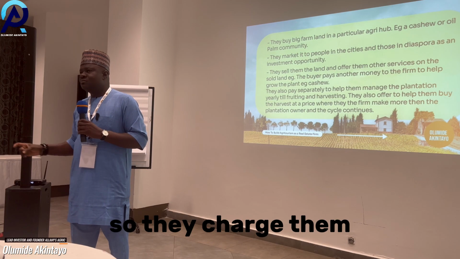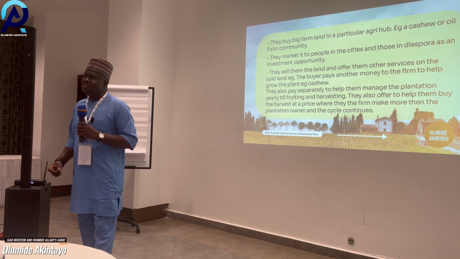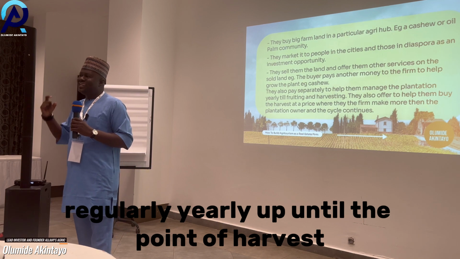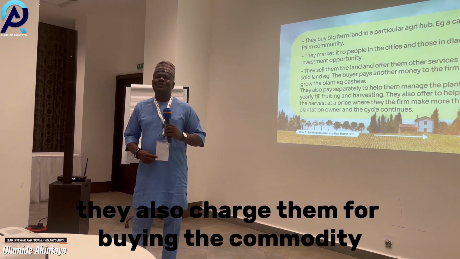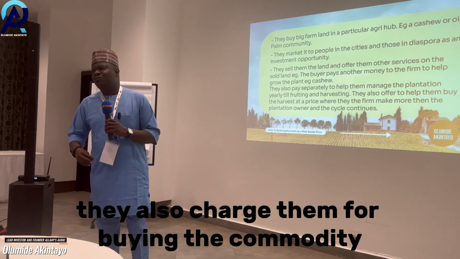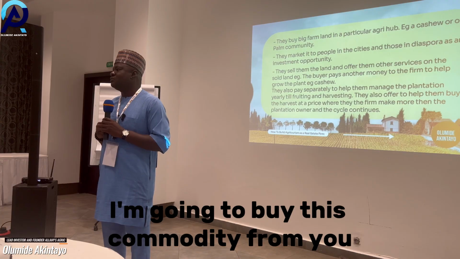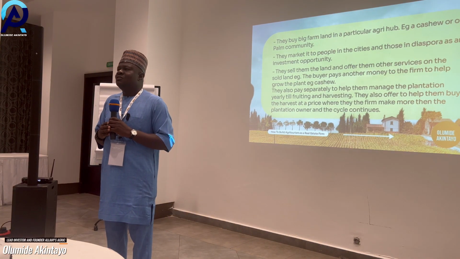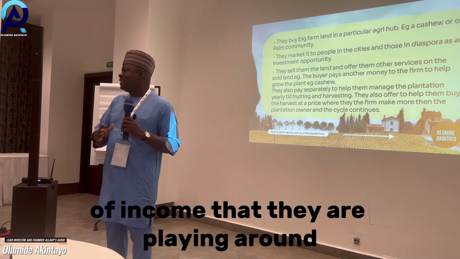So they charge them also for maintaining that plantation regularly, yearly, up until the point of harvest. After that, they also charge them for buying the commodity. They can offer that, I'm going to buy this commodity from you, and I'm going to help you sell. So you see the layers of income that they are playing around.